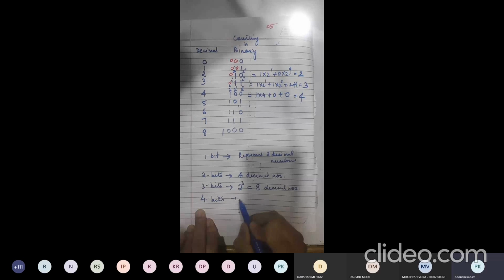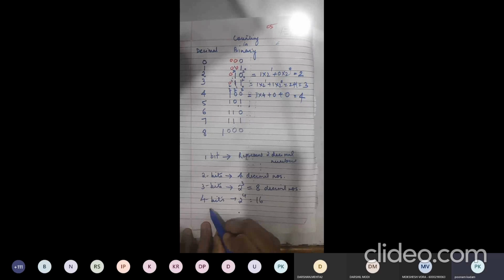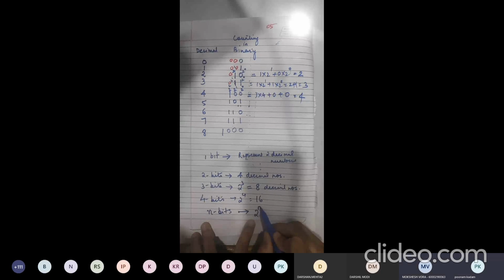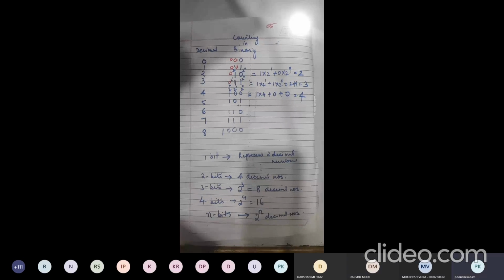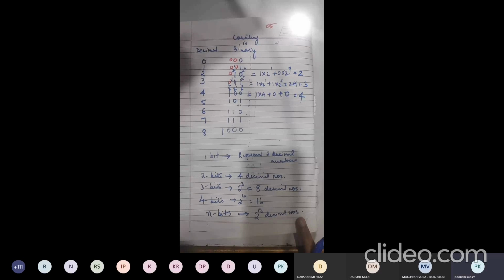So in general, if you have n bits, how many decimal numbers can we represent? I hope this is clear to everyone. When you have n number of bits, we can represent 2 raised to power n decimal numbers, right?